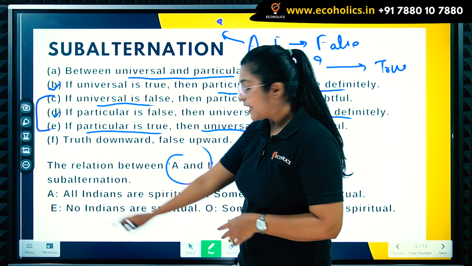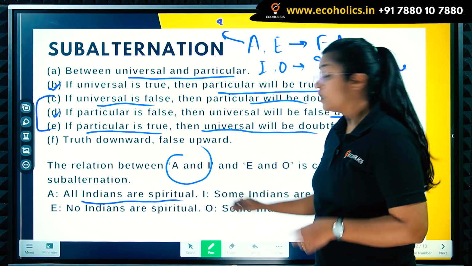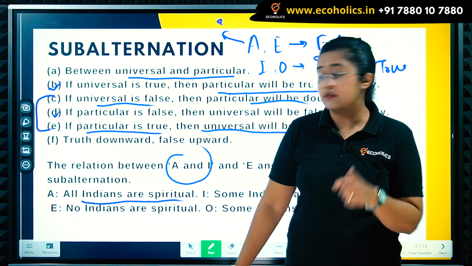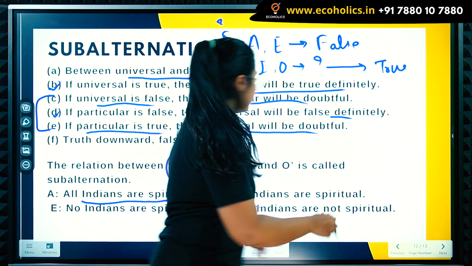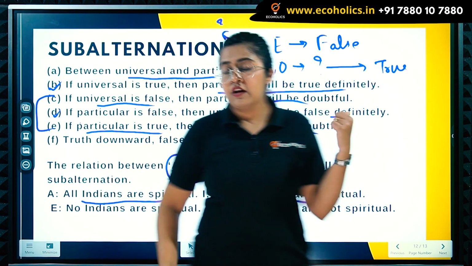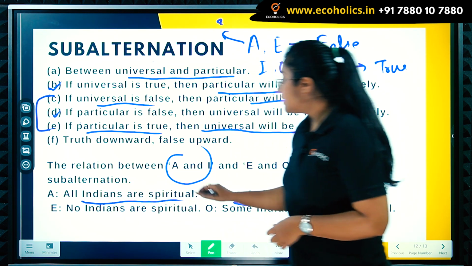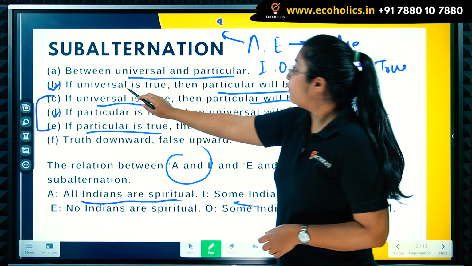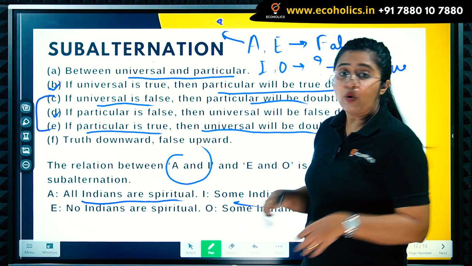So let's take the example over here. All Indians are spiritual. This is an A type of sentence. All Indians are spiritual, and then some Indians are spiritual. If we check from the point of view of subalternation, if all Indians are spiritual is true, then particular will also be true.